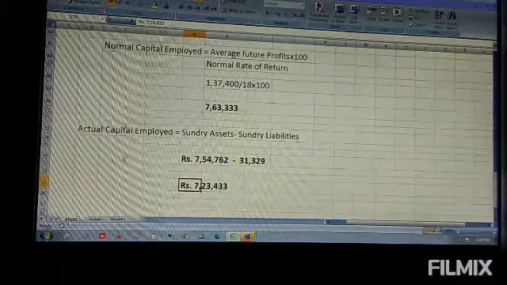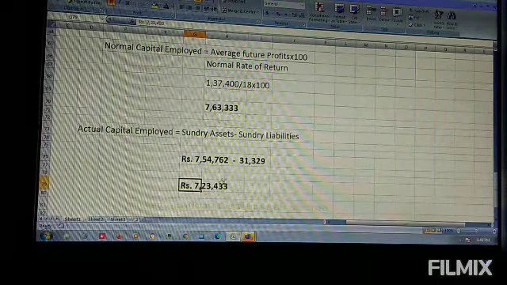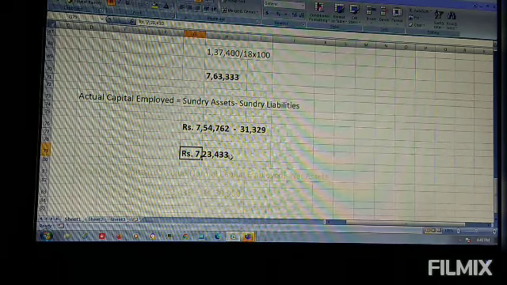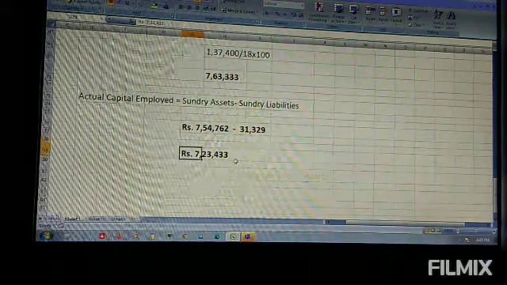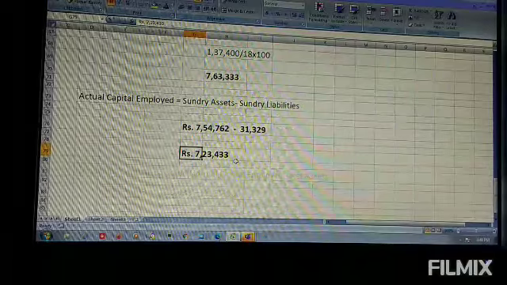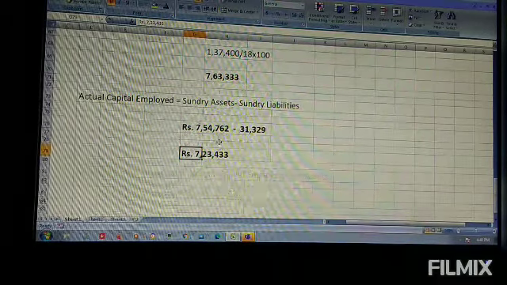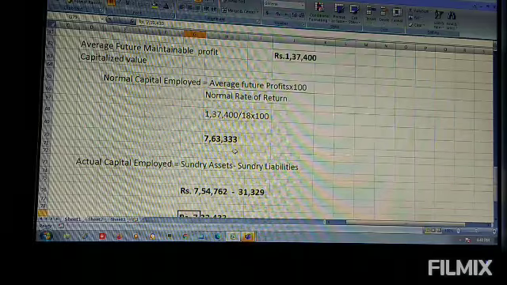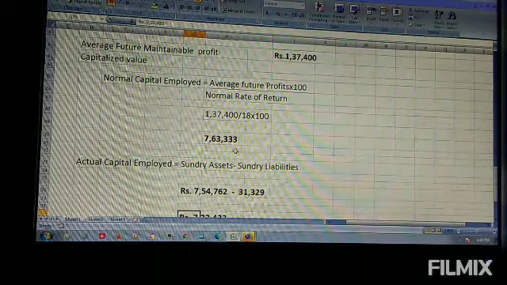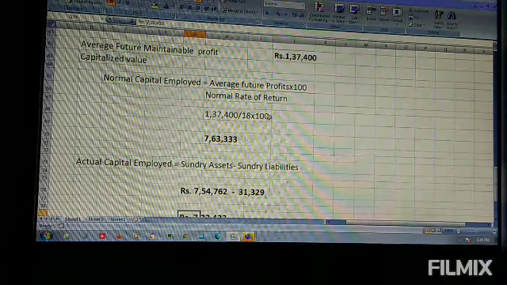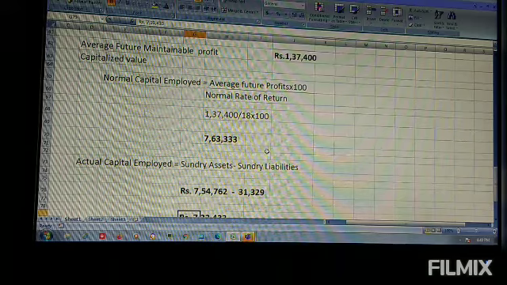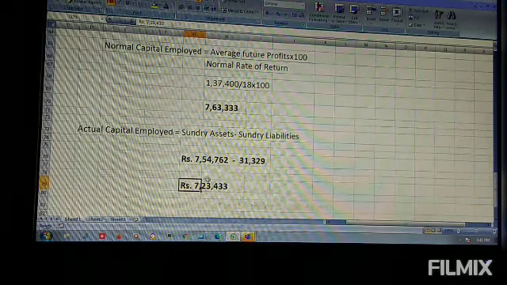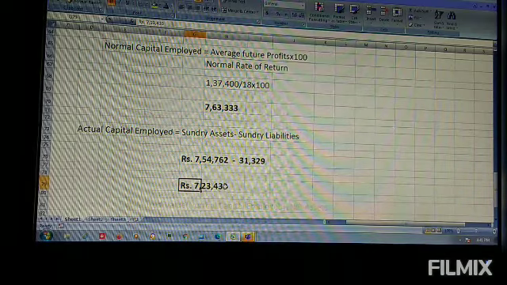So now we have the normal capital employed, and the actual capital employed is also there. With the help of the normal rate of return of 18%, this should be the capital, but in the business only this much capital is there.